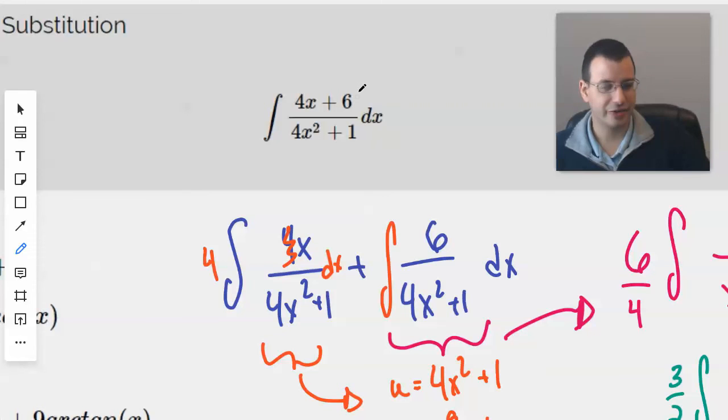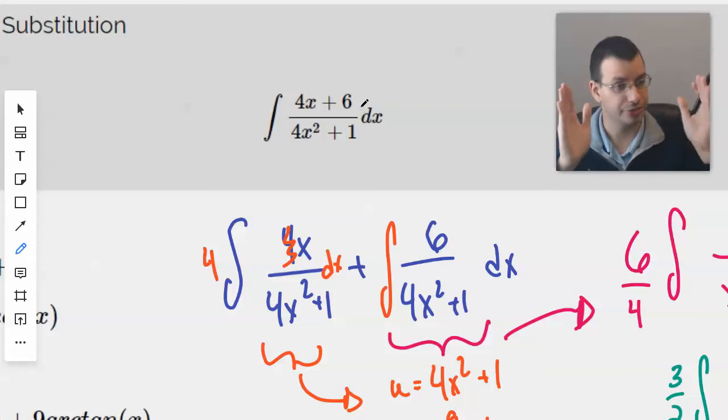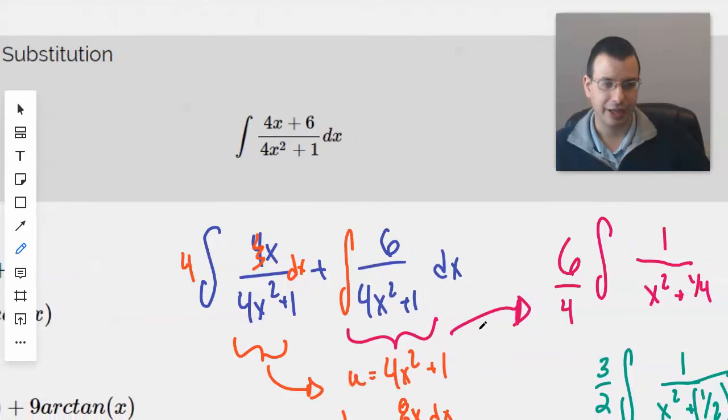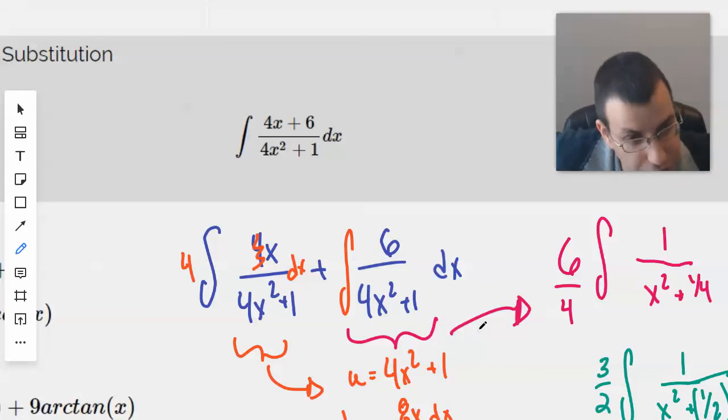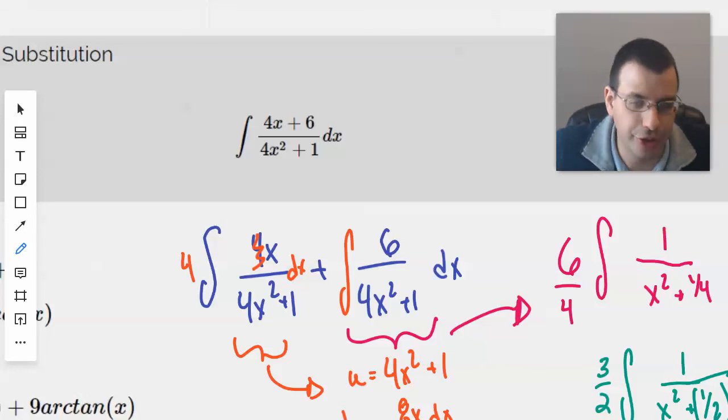But then we have the 6 over here that didn't quite go away. So what we did is we broke that off by separating the fraction into 2 parts. And we took the other part and we had a trig substitution. My general rule in life is avoid trig substitutions if at all possible. They're just cumbersome and difficult. But we didn't have a chance to avoid it, so we went through with it.